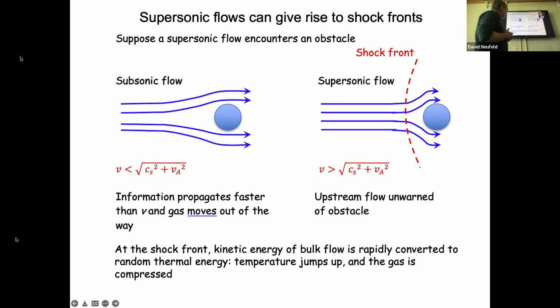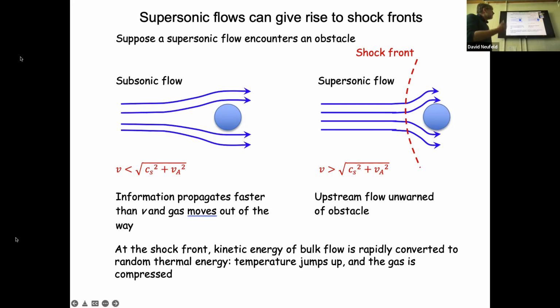But if the flow is supersonic, then there's fundamentally no way for the information that an obstacle is there to propagate upstream. So the flow cannot be perturbed until it encounters the shock front, which is a place where the bulk velocity of the supersonic flow, and the kinetic energy associated with that, is very rapidly turned into random thermal energy, and the temperature rises, and the gas decelerates.